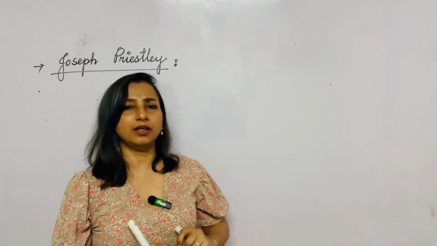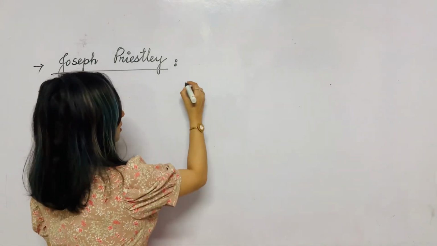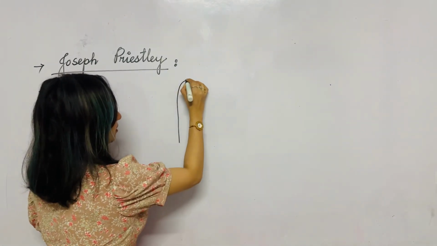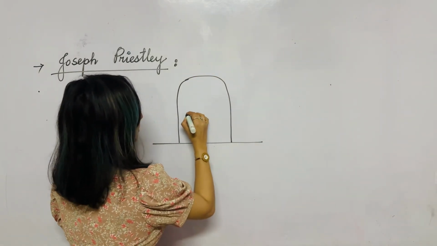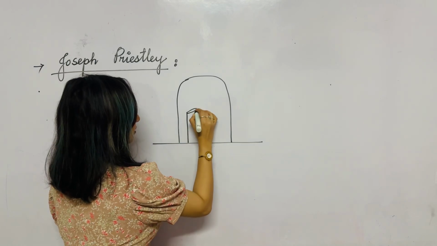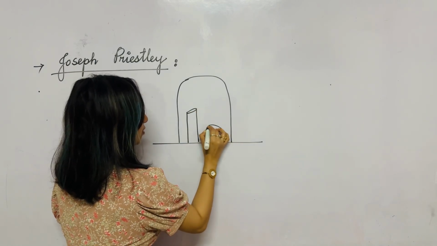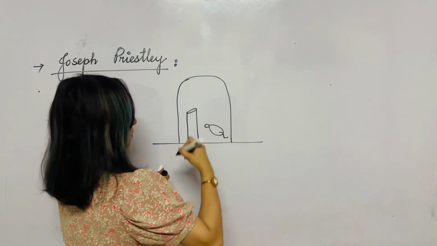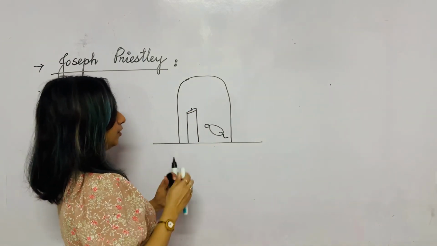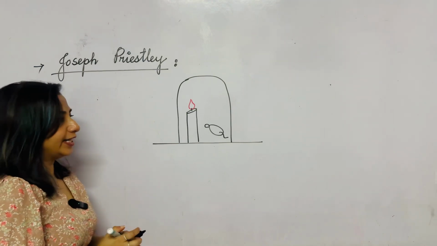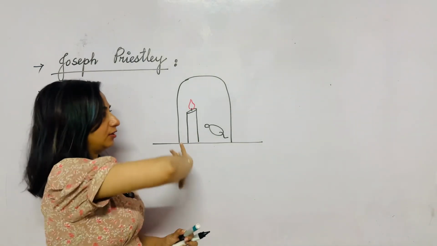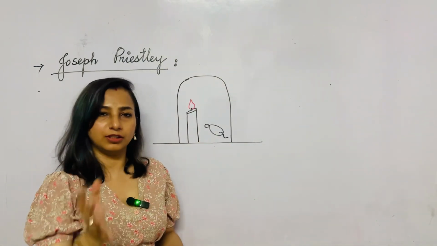So Priestley did an experiment with a bell jar, with a burning candle and a mouse. So what did he do? He burned a candle, he kept a mouse and covered it with a bell jar, an inverted one.